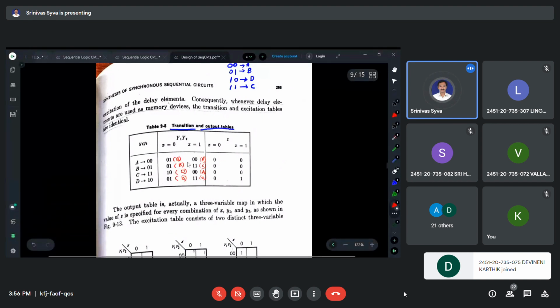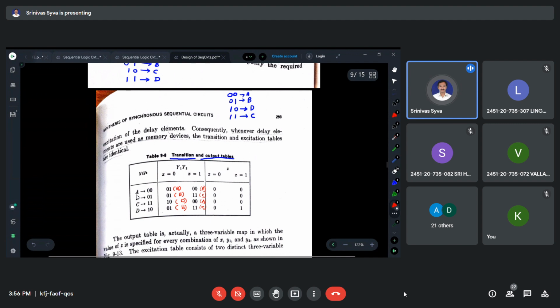Same things. So the transition and output tables are drawn again. So the output table: when the present state is A, when x is equal to 0, output is 0. In all other cases, output is 0 except in the last case, that is when the present state is D and when x is equal to 1, here Z will be 1.